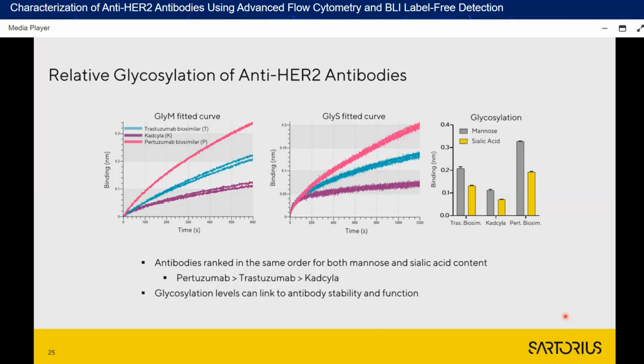And we did hypothesize that perhaps the mutation to include the linker may result in the loss of some glycosylation sites. And what we did see when we looked back at the data from our iQue binding assay was that actually the Kadcyla had much lower thermal stability compared to the trastuzumab antibody, so perhaps the loss in the glycosylation sites has resulted in lost thermal stability.